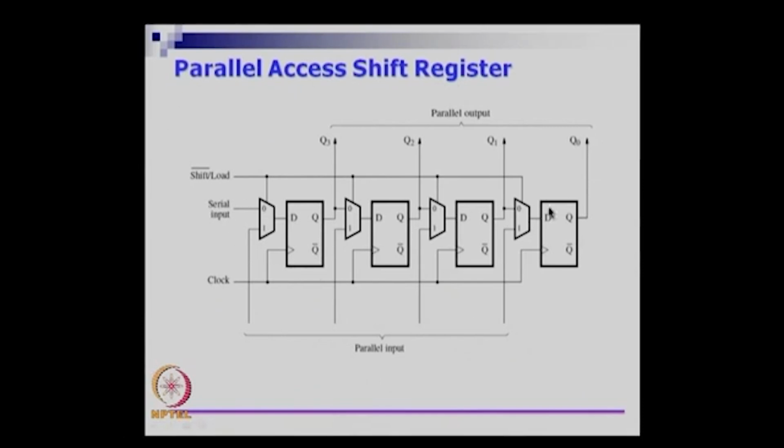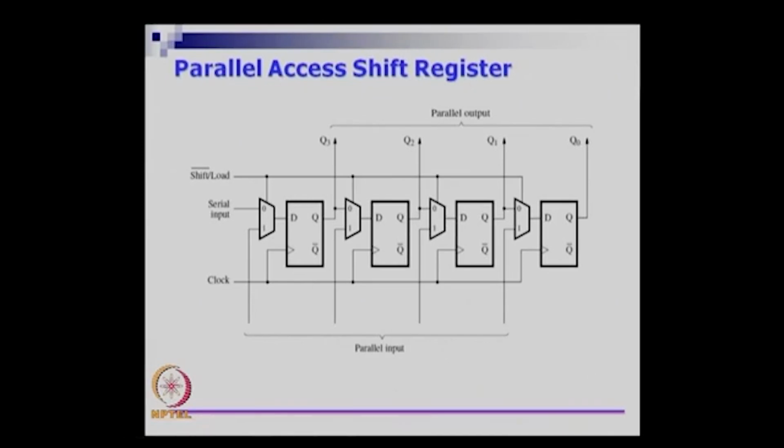So if you look at this part of the circuit, it resembles what we had for a shift register. To be more specific, it is a right shift register. So we have put a mux in such a way that it either acts as a shift register which is shifting right, or it can do something in parallel.